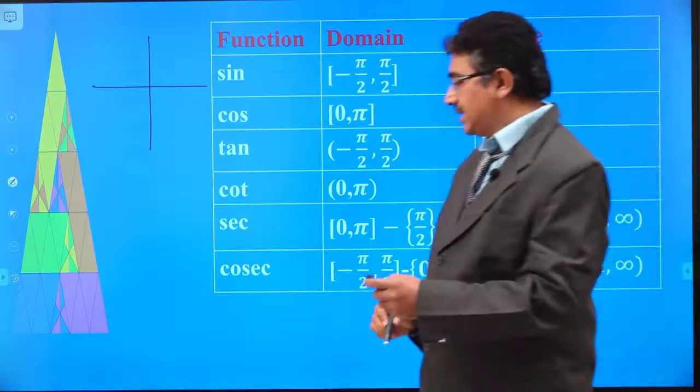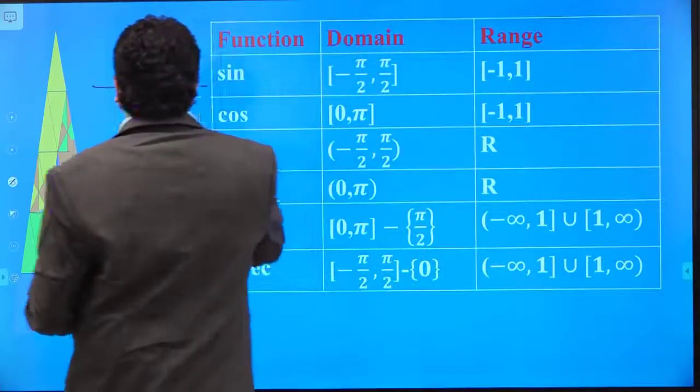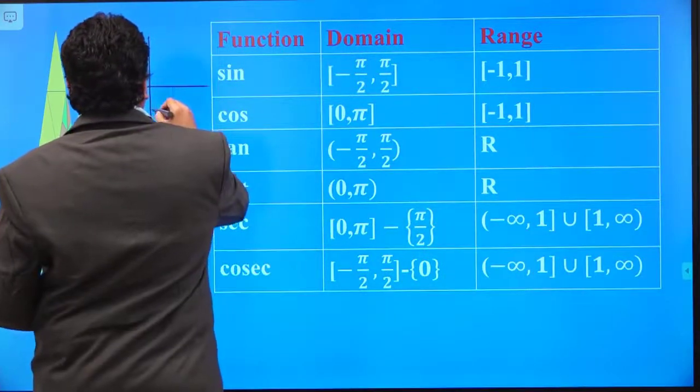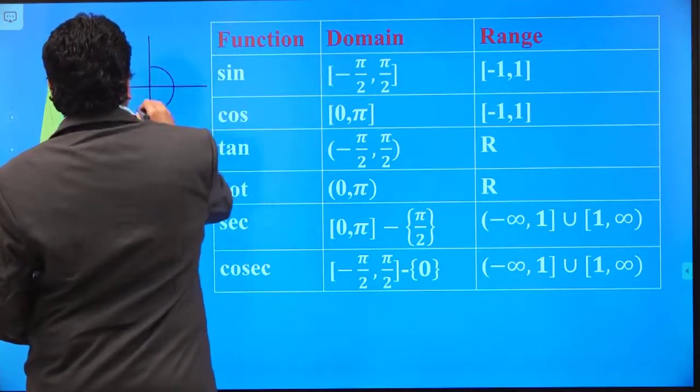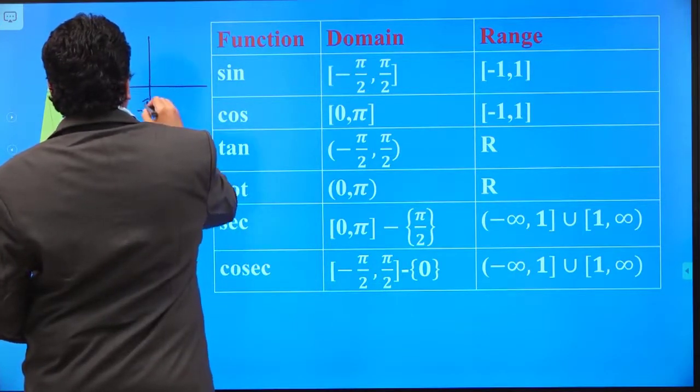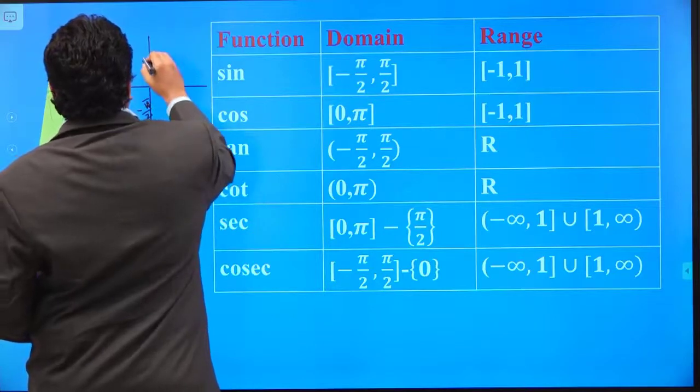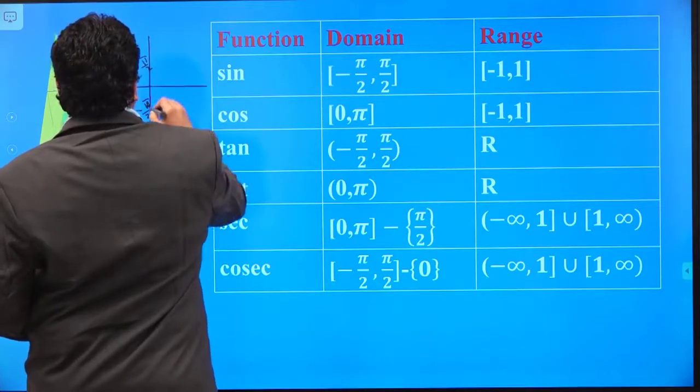The domain is the closed interval -pi by 2 comma pi by 2, right.